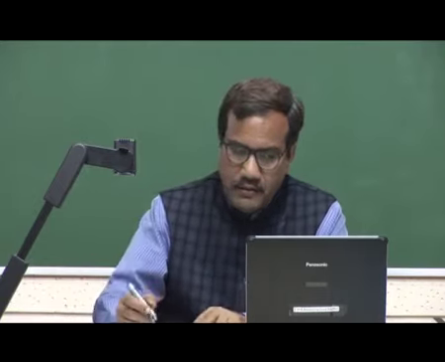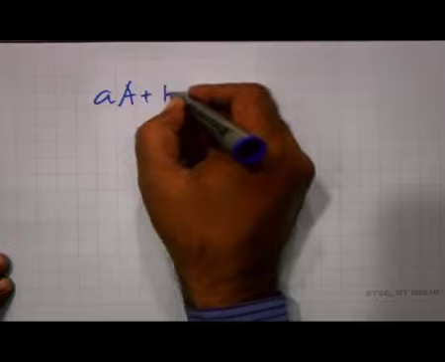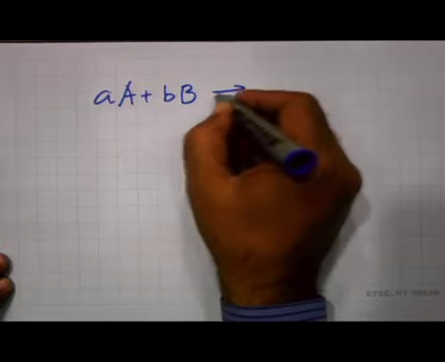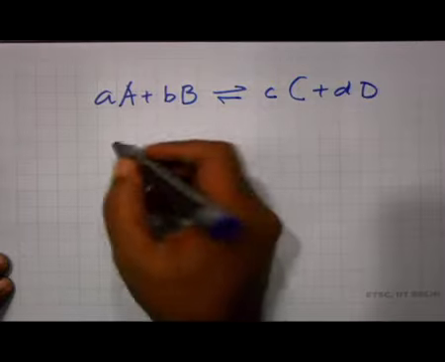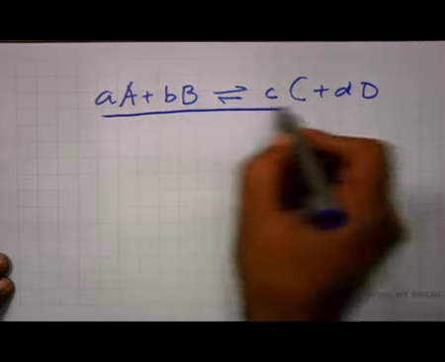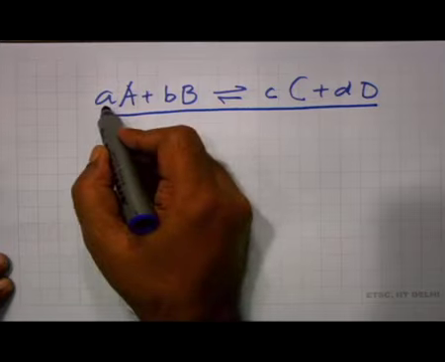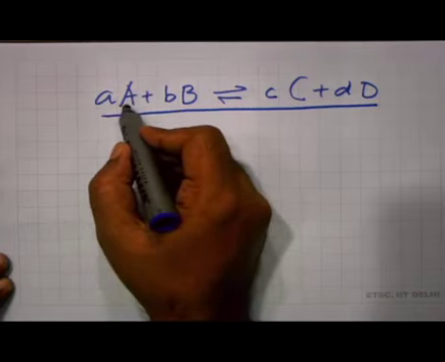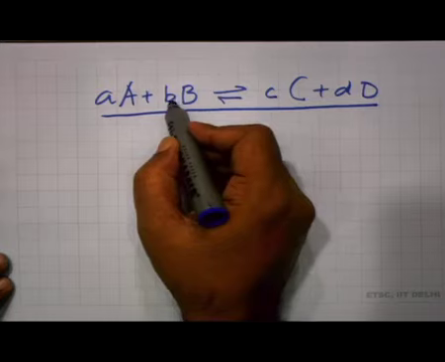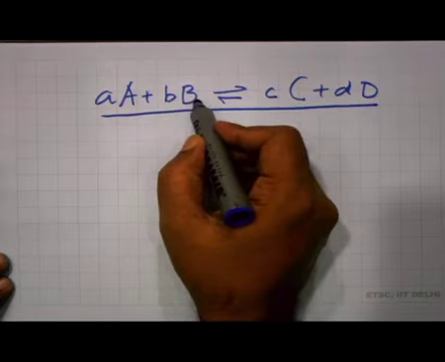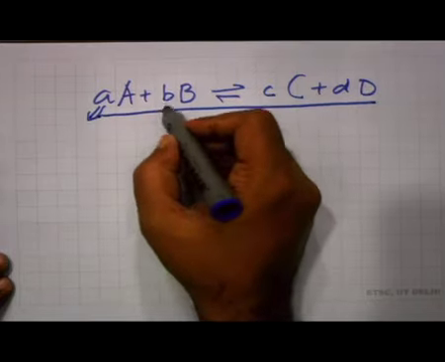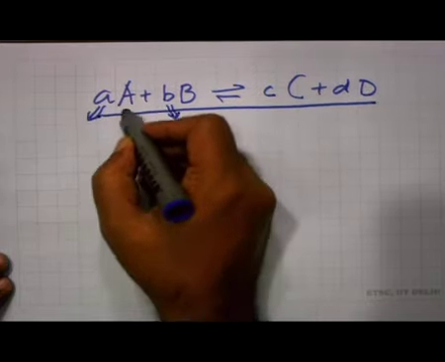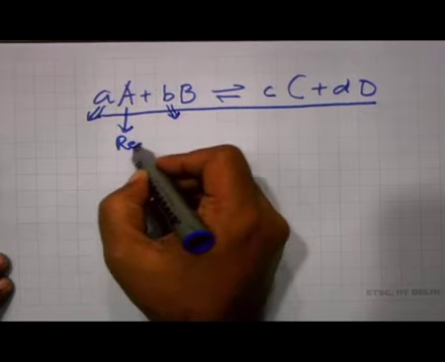For a general reaction, if you look at this reaction, what it means is a moles of reactant A react with b moles of reactant B. This is your stoichiometry, and these are reactants.